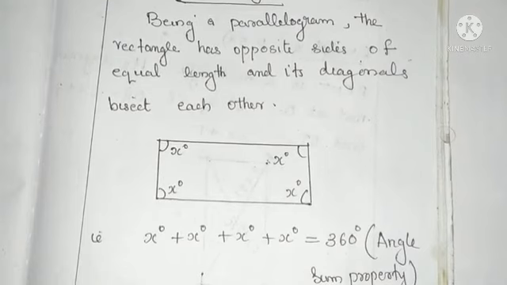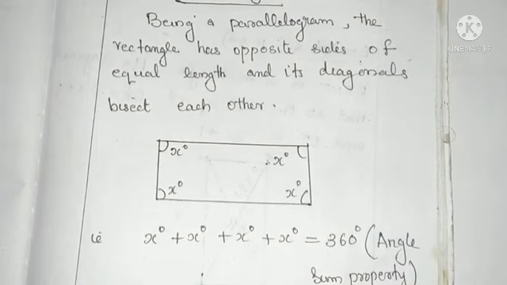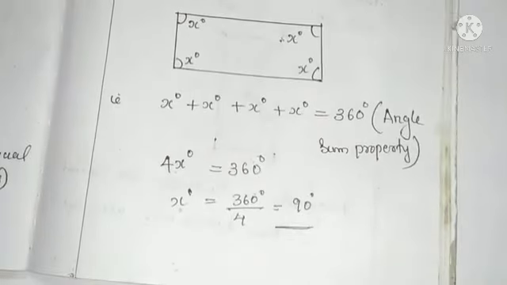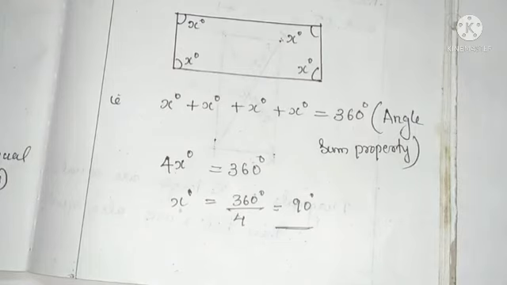Therefore, adding x four times gives 4x. 4x equals 360. Then x equals 360 by 4, 90 degrees. So, all the angles in a rectangle are equal.